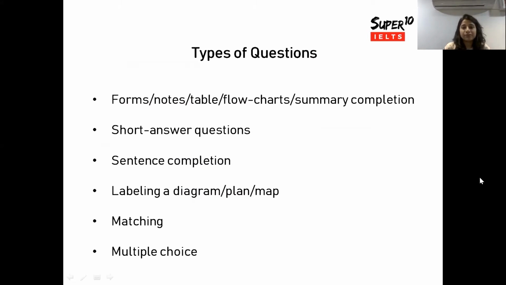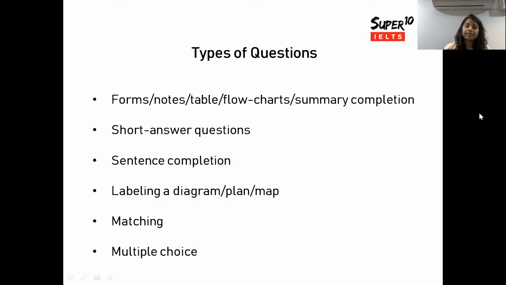Now, what are the types of questions that come in listening? They are forms, notes, table, flowcharts, summary completion, short answer questions, sentence completion, labeling a diagram, plan or map, matching, and multiple choice. So any kind of question can turn up in listening out of all these. It doesn't have to be the case that all of these questions would come in the same exam.